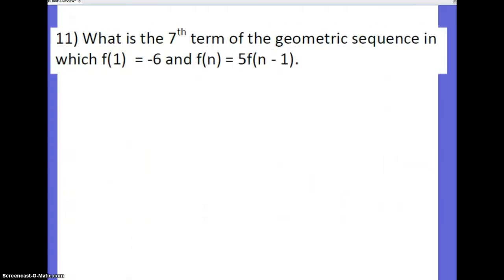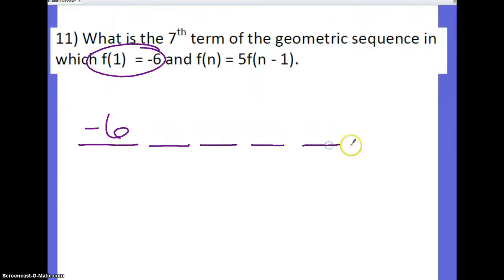768. What is the seventh term of the geometric sequence? Again, same thing. The first number is negative 6, and we want 2, 3, 4, 5, 6, 7. We know that it is multiplying by 5.